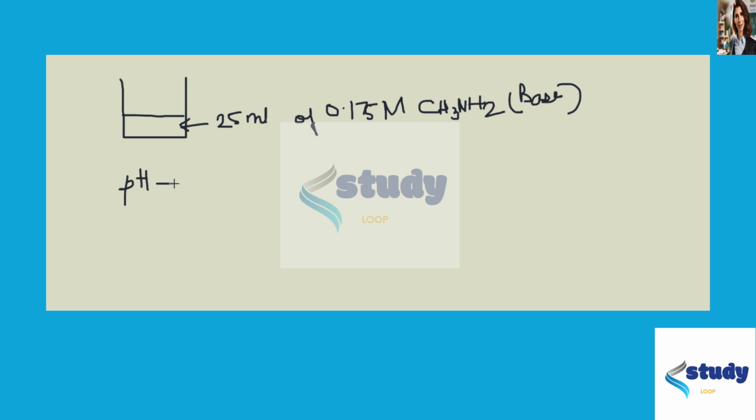pH is a straightforward equation. It's minus log of H plus ions. But the first mistake that people make is they try to plug this value directly into this, which is wrong. Why is it wrong? Because a base will always furnish OH minus ions, not H plus ions.